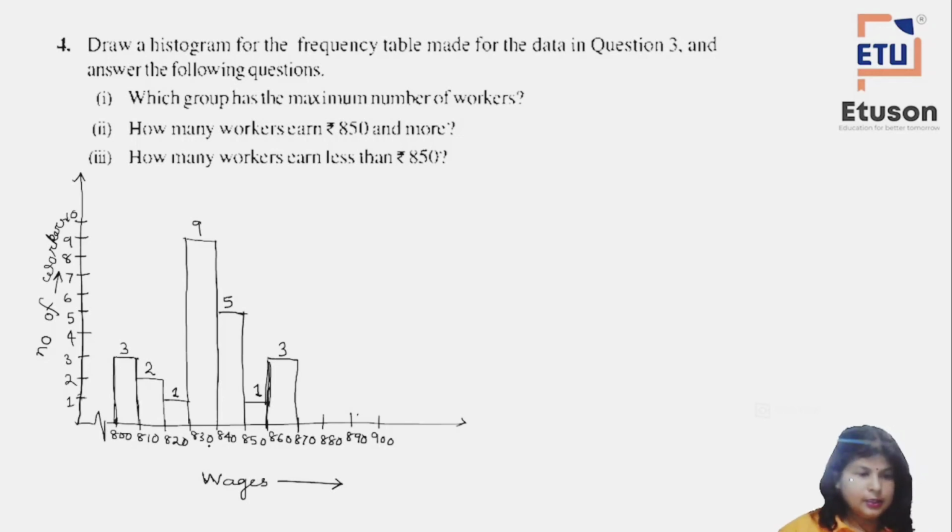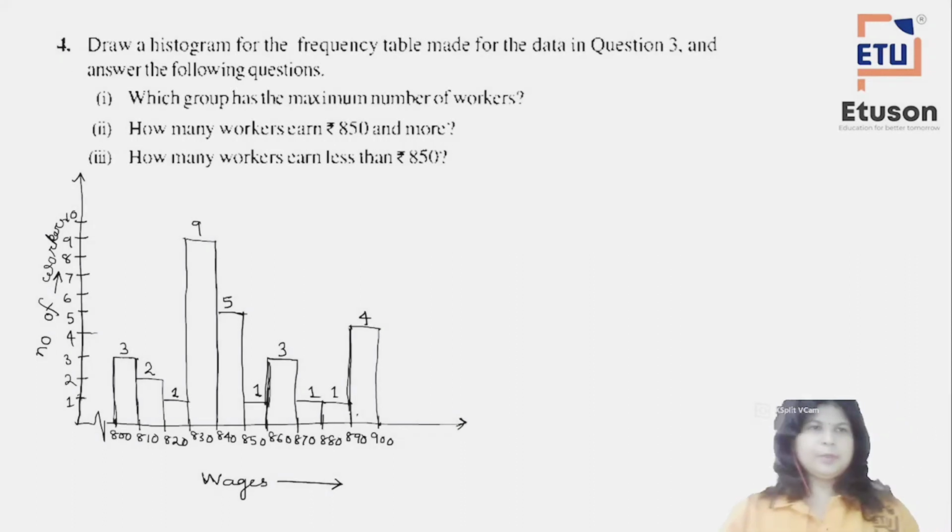Right, then 870 to 880, it is 1. Again 880 to 890, it is 1. And 890 to 900, it is 4. So thus we have obtained our histogram.